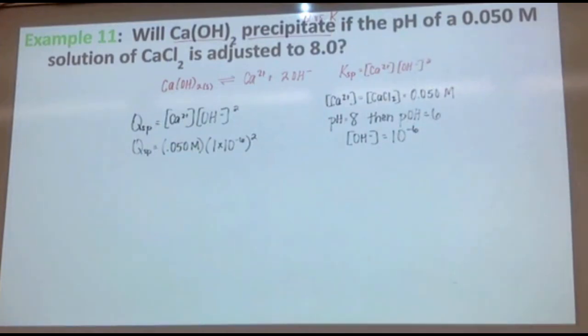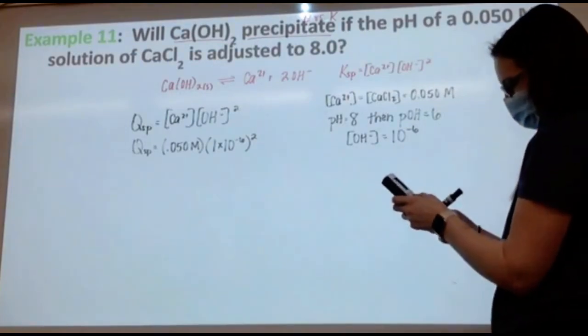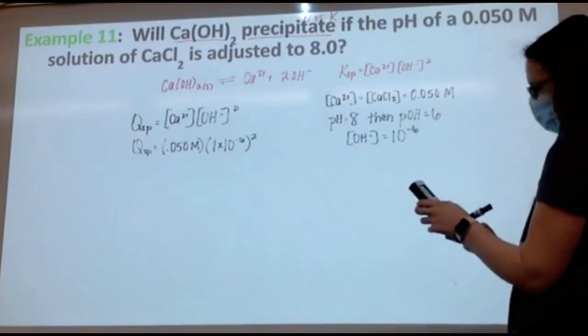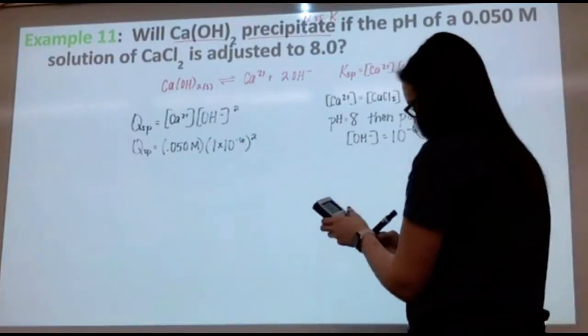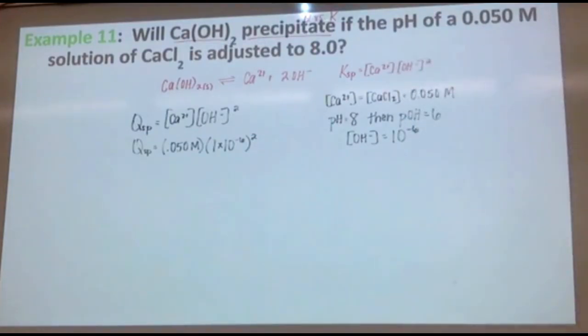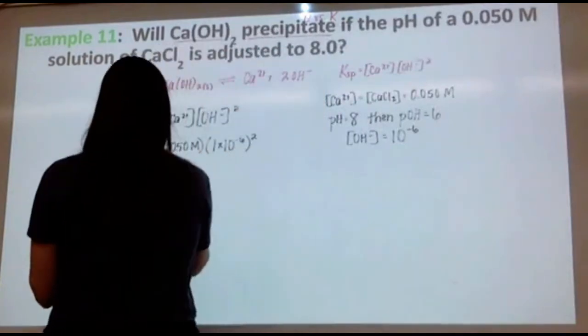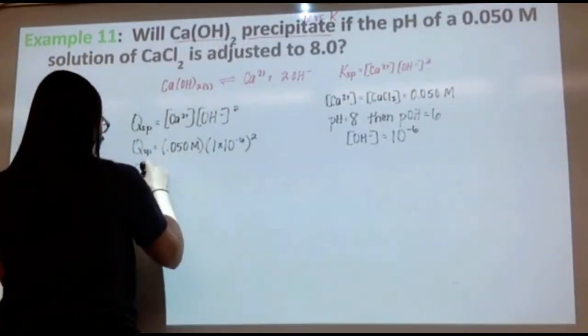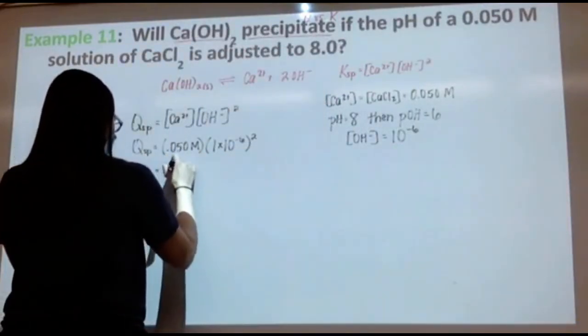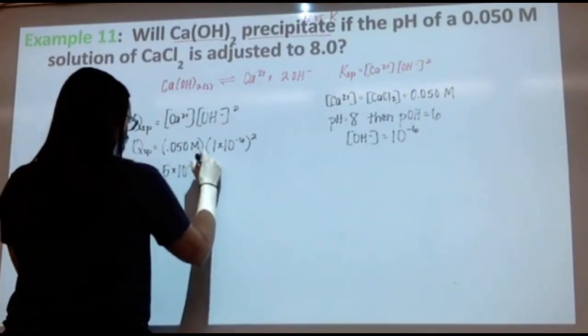So 0.05 times 1 e negative 6 squared. So Qsp is 5 times 10 to the negative 14.